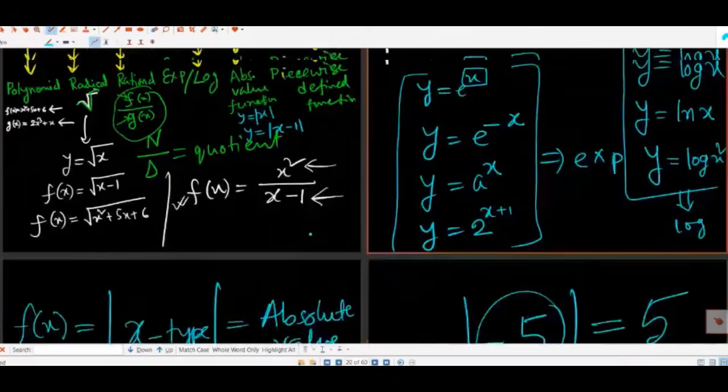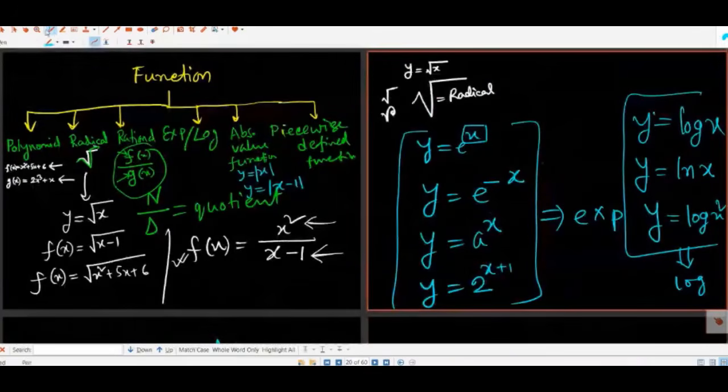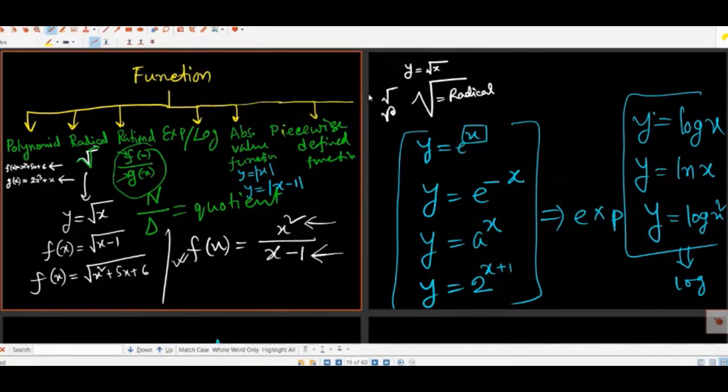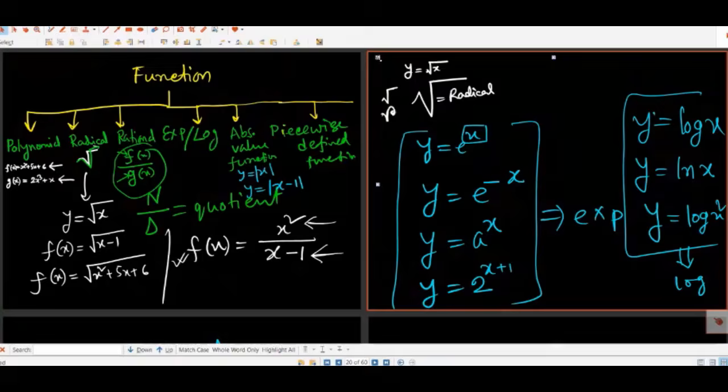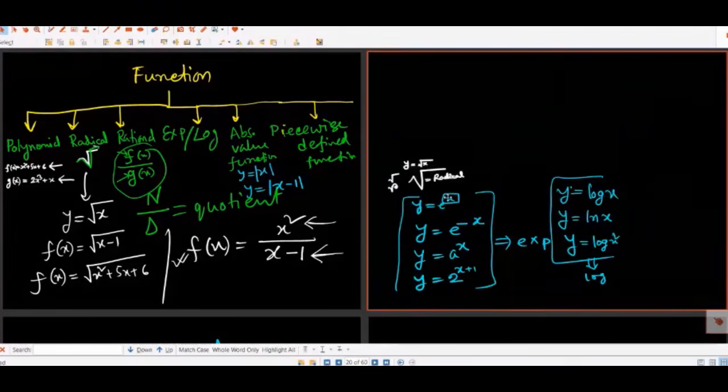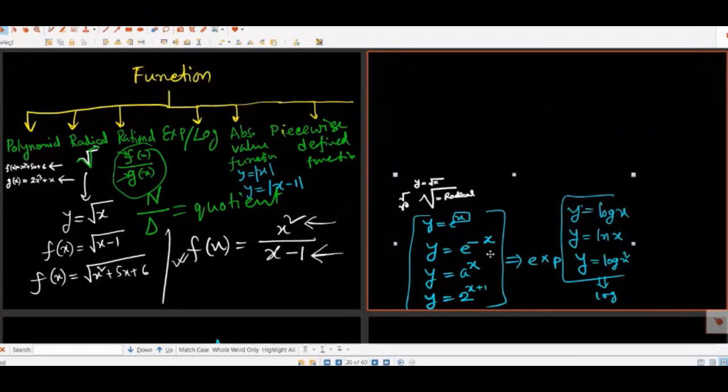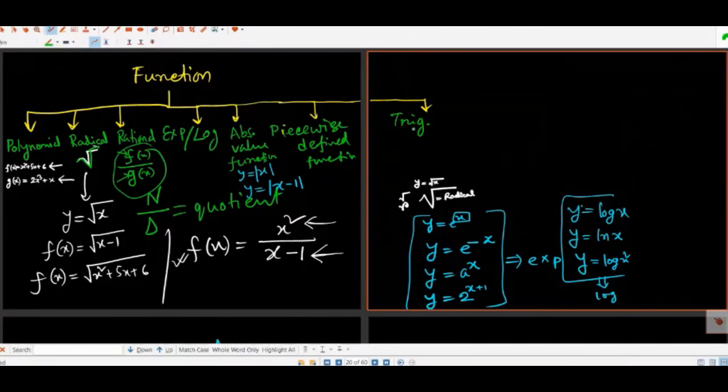After piecewise defined function, you can think about another classification. It will be trigonometric function. In short, trig function.